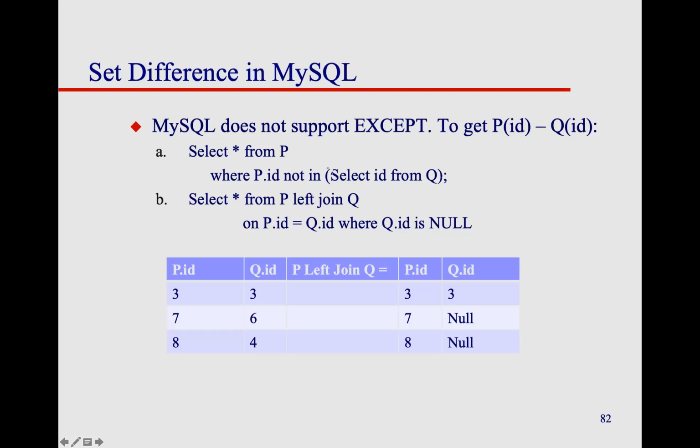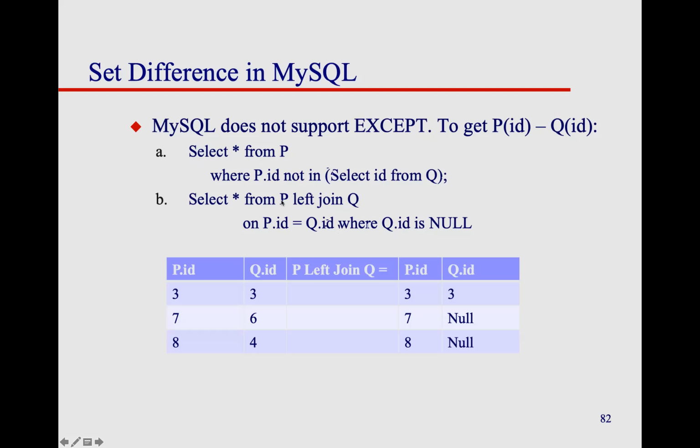Now, another cute way you can do it, though I'd probably do it the first way because it's the most straightforward, is to select star from P left join Q, and then ask for in the result anything where Q.ID is null, because if Q.ID is null, it means that we did not match that tuple.